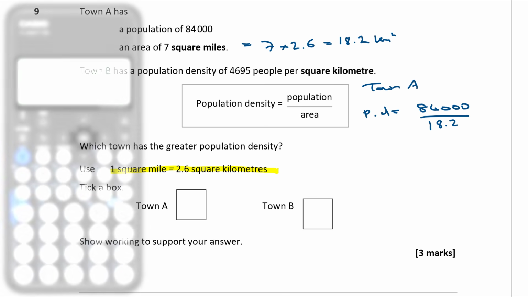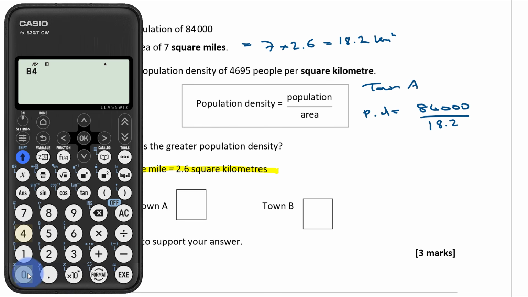So what's that? 84,000 divided by 18.2. I make that 4,615.4. I'm going to round it off to the nearest person. I don't like parts of people, so I'm just going to round it down to 4,615 people.